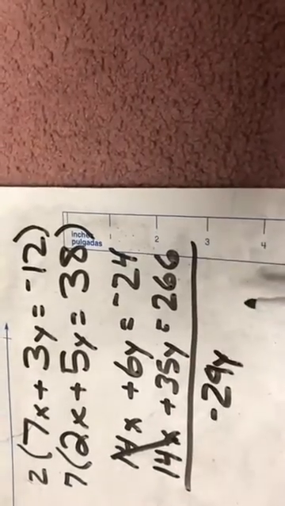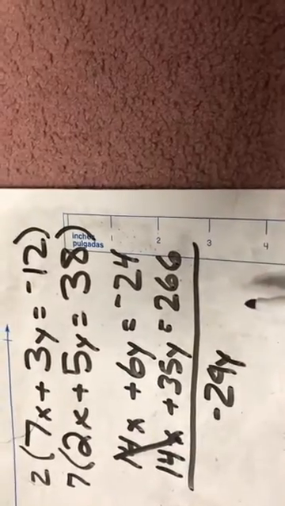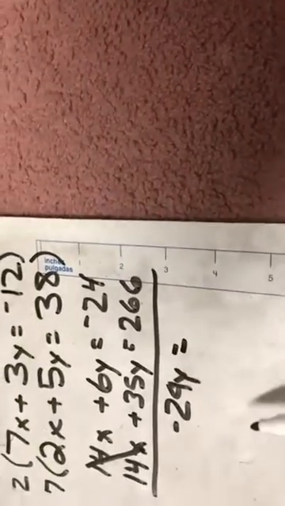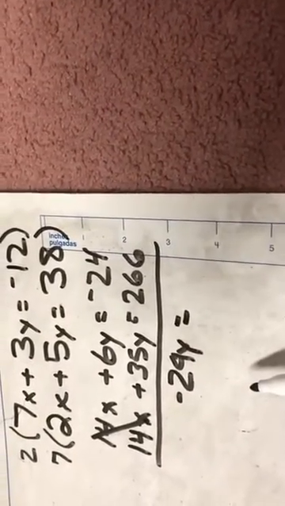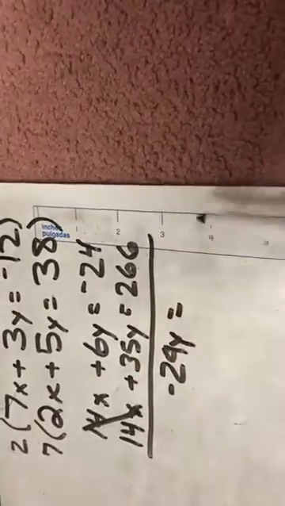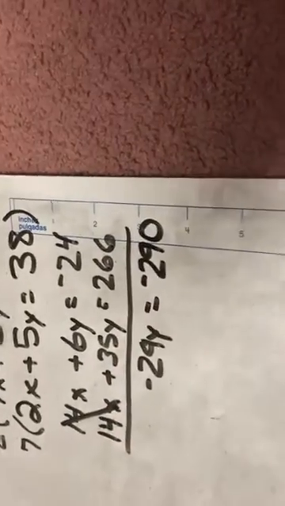Then I'm going to do negative 24 minus 266. And once again, 8th graders, pretty much all the time, like Mr. Swack tells you, it's amazing how the numbers work out. Because negative 24 minus 266 equals a negative 290.